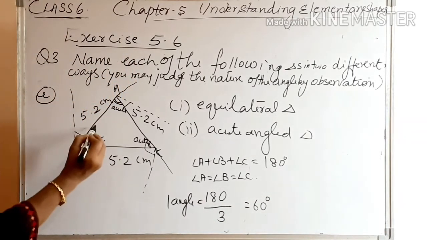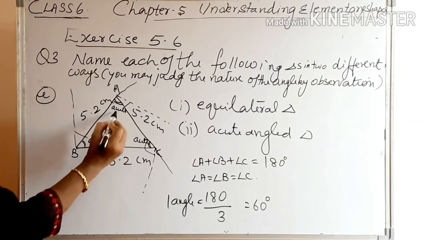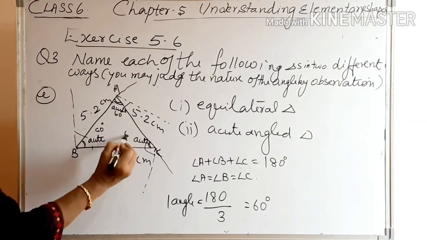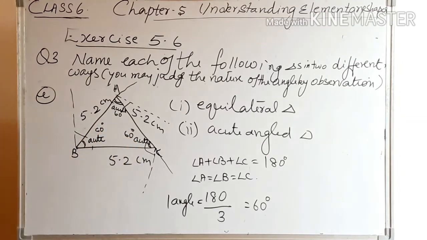Always that is true. In an equilateral triangle, three sides are equal, its three angles are equal, measurement of each angle is 60 degree. Clear?